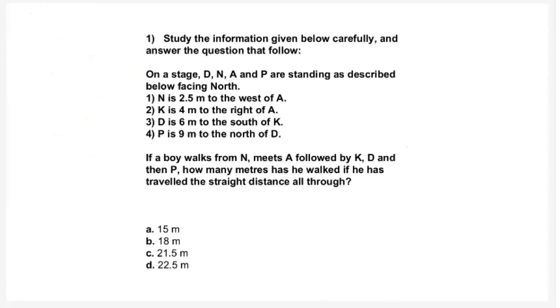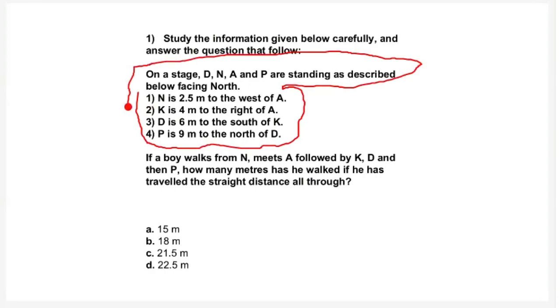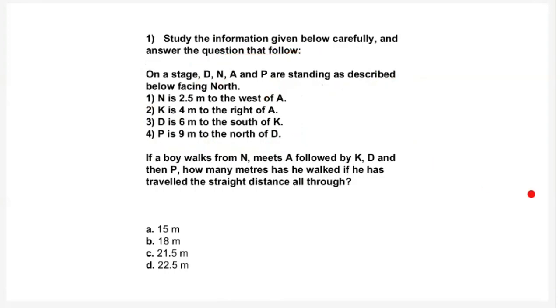Now we have been given a set of information. You have to note it down and try to solve it accordingly. On a stage, D, N, A, and T are standing as described below, facing north. This information is given in bulletin format.